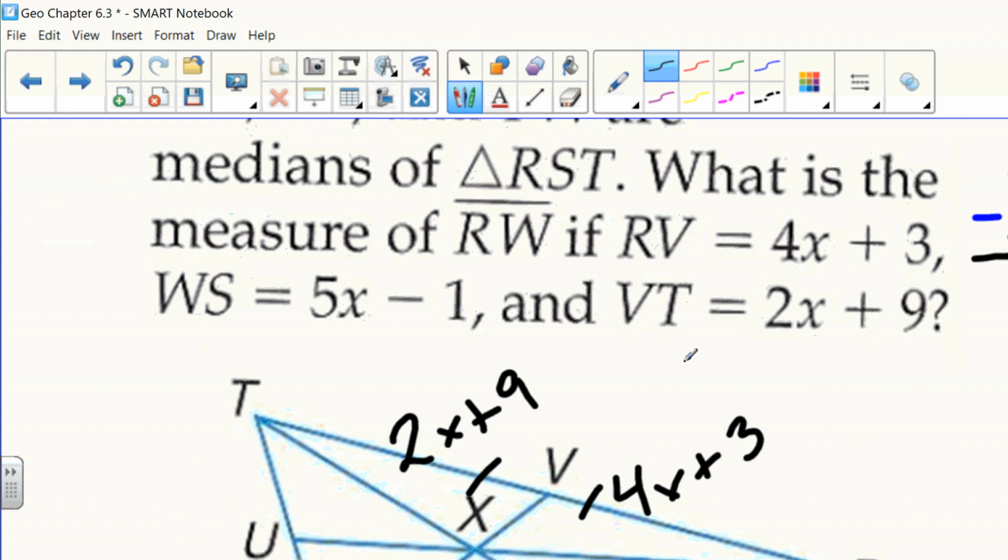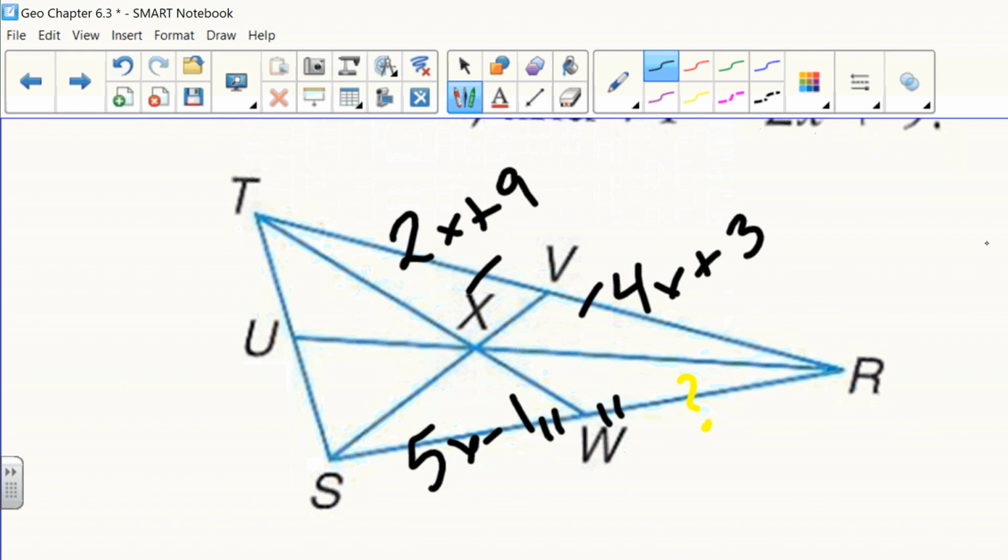And x is equal to 3. Now to find the desired length, what do we need to do? Plug it back into 5x minus 1. Because we'd have 5 times 3 minus 1. 5 times 3 is 15, and 15 minus 1 is 14. So WS is 14.